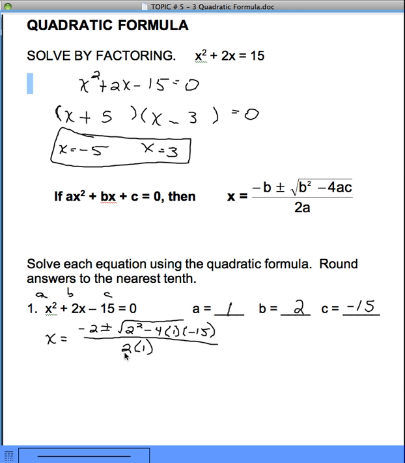Now, the easiest way to not make a mistake with your calculator is to put only what is under the radical, which means under the square root sign, in the calculator.